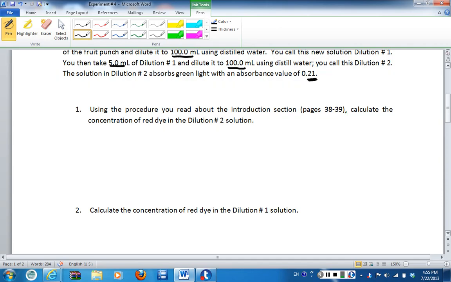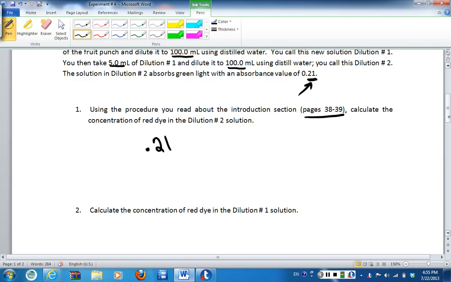So what we're going to do is find the concentration of dilution number 2. Dilution number 2, we saw, has an absorbance of 0.21. Notice how I'm not writing any units here. Absorbance does not have any units. If you read these introductory pages, you can compare it to a standard solution.